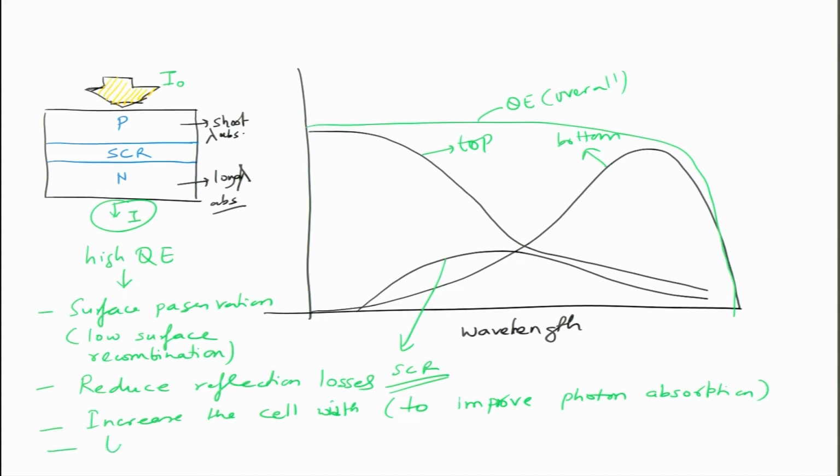And then of course, you have light trapping to prevent light loss, to prevent photon loss. So, essentially the idea is, suppose you throw 100 photons on top, the idea is to maximize the use of all of those photons in carrier generation and then carrier collection. Okay.